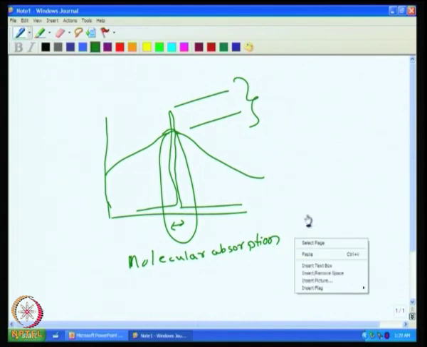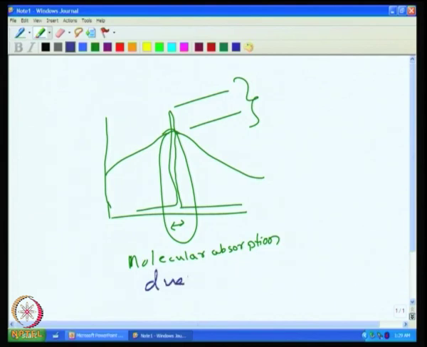Due to CN, CH, CO, NH bands. This is a problem with these nitrous oxide and acetylene flames.